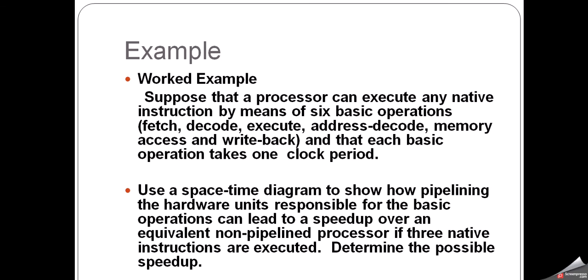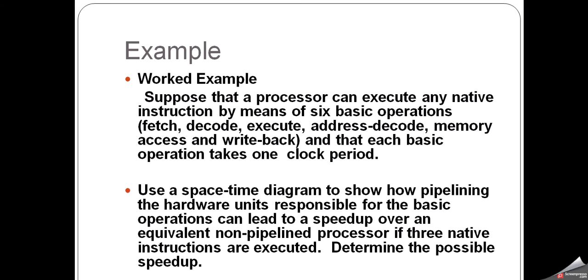First of all, fetch the instruction, decode it, decode the address, execute it, memory access, and write back. And we didn't look at all these operations when we considered our simple architecture, but they're easy to understand, and each operation should take 1 clock period.